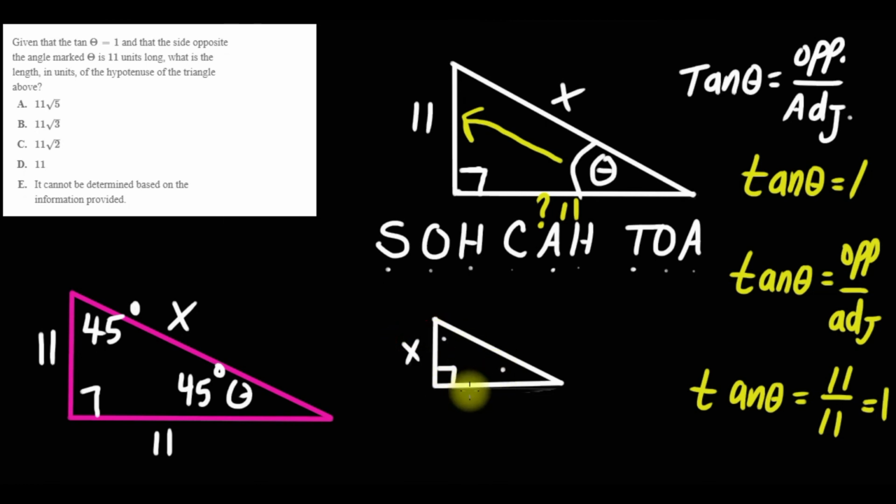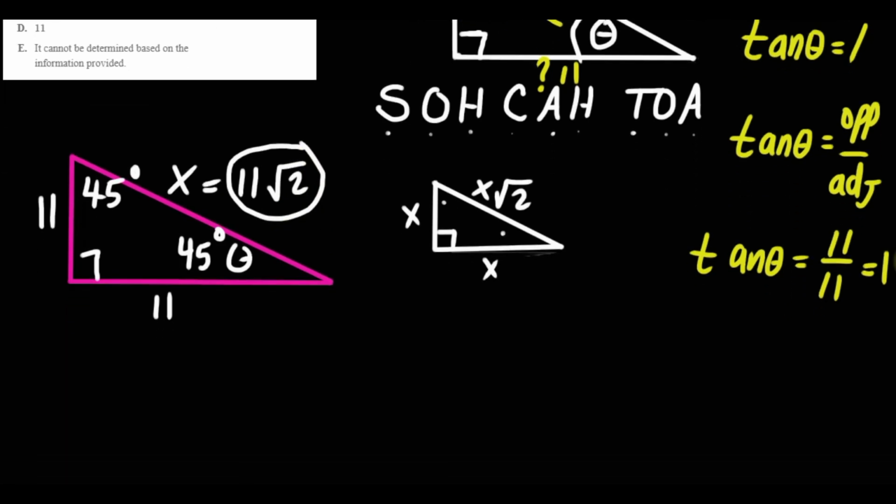So if this is x, this is also x. And the hypotenuse is square root of 2 longer than x. So if you compare that to this given triangle, the hypotenuse is going to be 11 square root of 2. Okay, so it's square root of 2 longer than the leg.